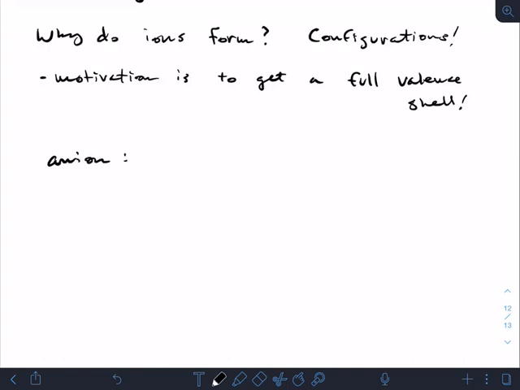All right? So if I look at an anion, for example, the way this is going to roll is that I'm going to take an electron and add it to a neutral bromine, which has an atomic radius of approximately 114 picometers.